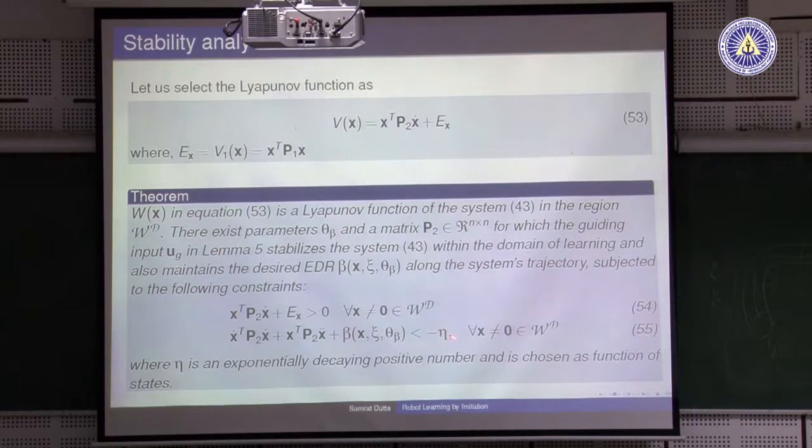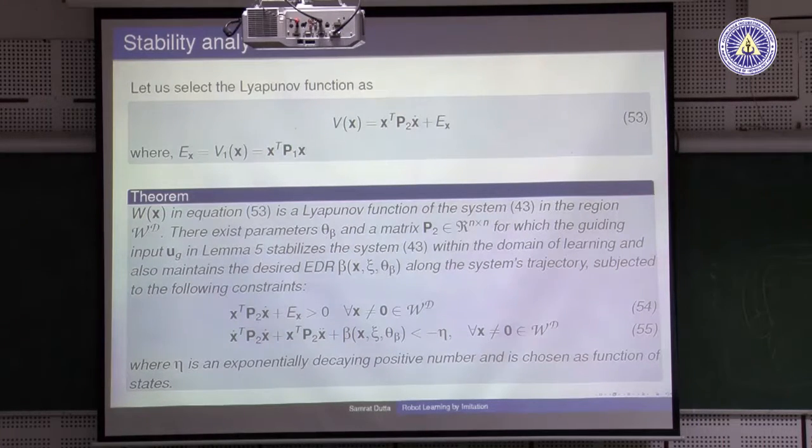We propose this theorem where we find P2 such that this term is always negative, right. It is a positive scalar quantity, which basically defines the system's robustness. If we find this kind of system for a greater eta, then our system is more robust, right. Sorry, any question?